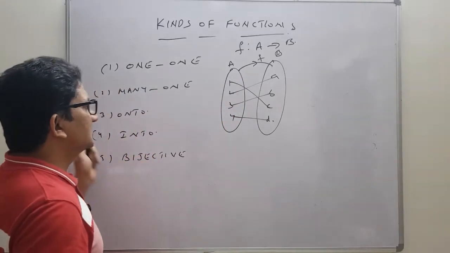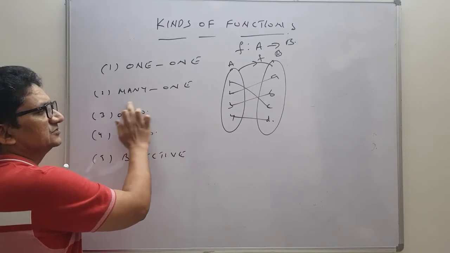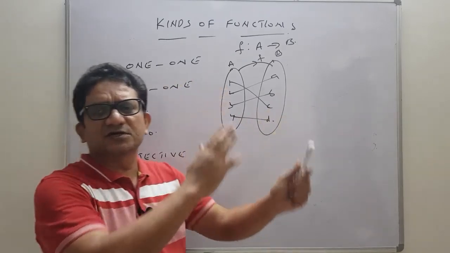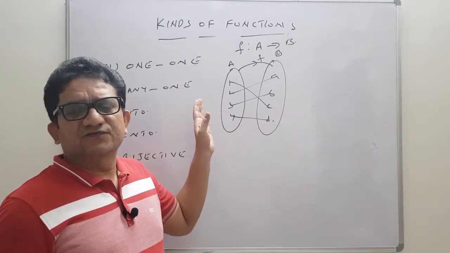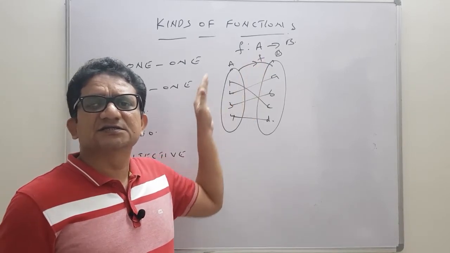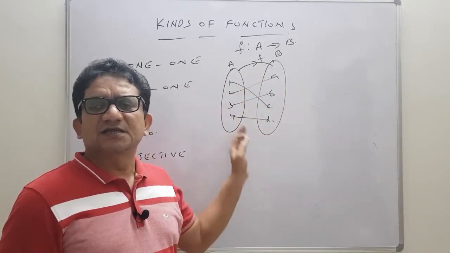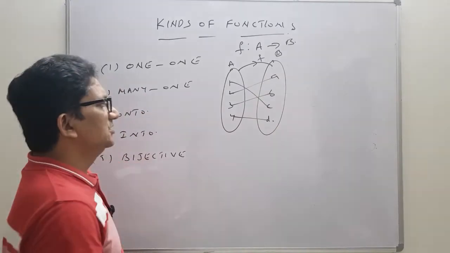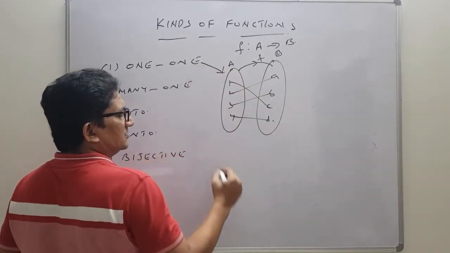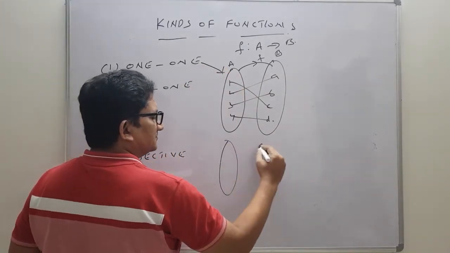Next type is many-to-one. One-to-one means exactly one-to-one relation is there, whereas if two or more elements have the same image in set B, then the function is said to be many-to-one. So this is the one-to-one example. Many-to-one means we can take like this.